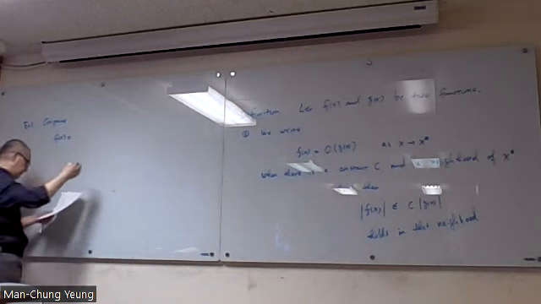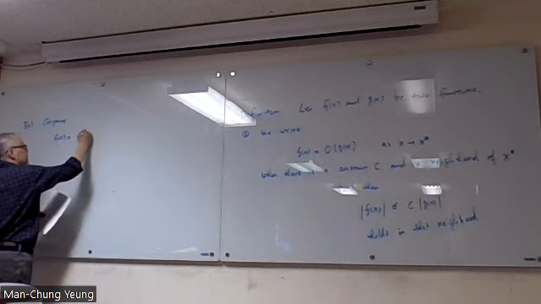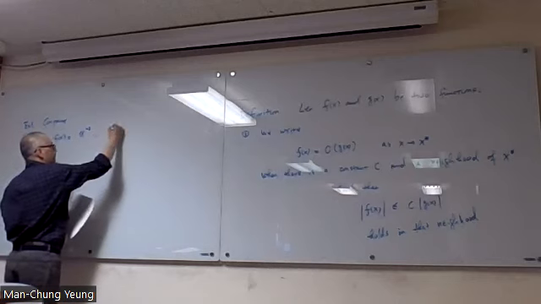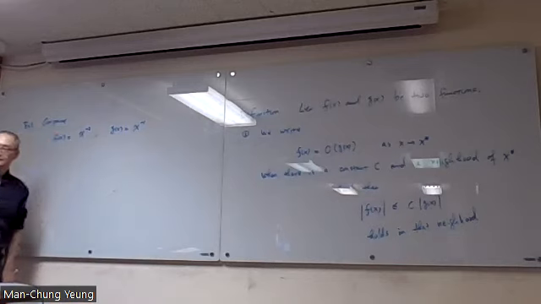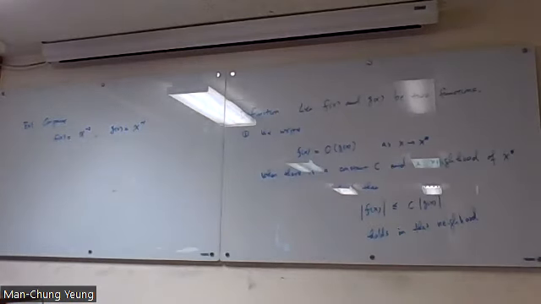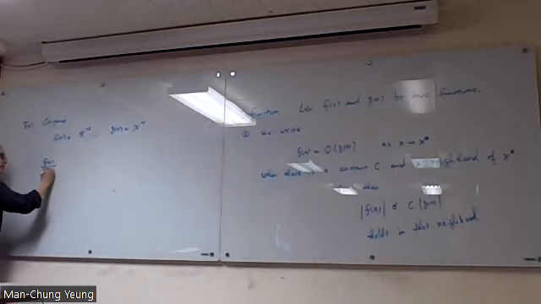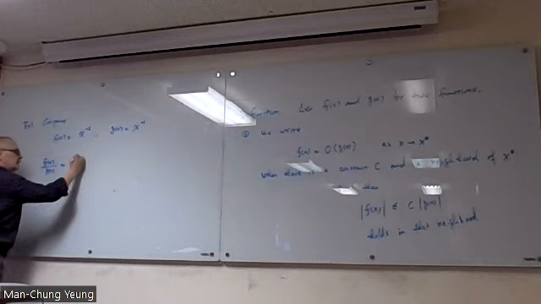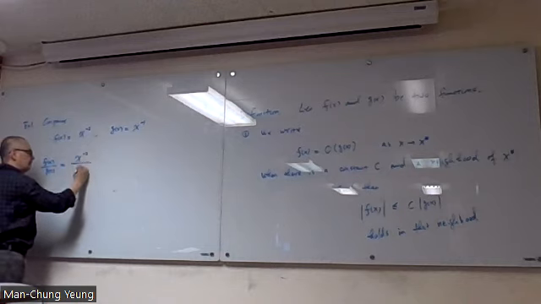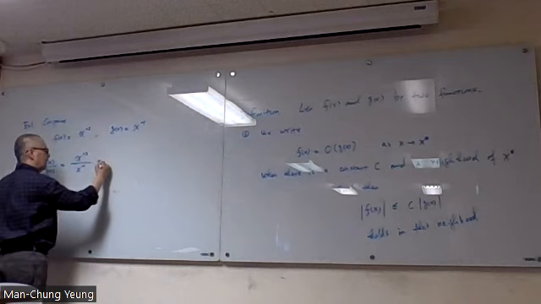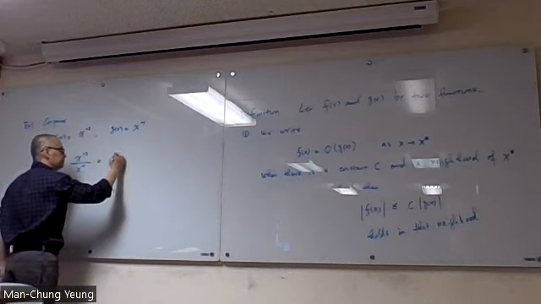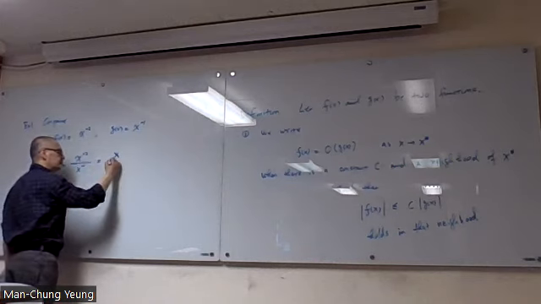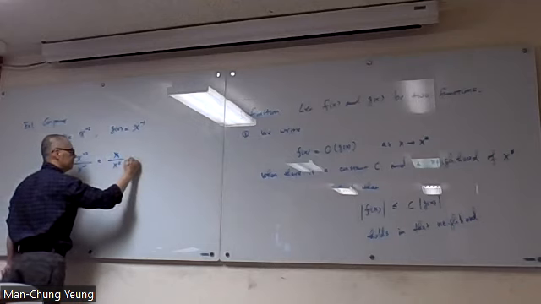Function f is x to the -2. Function g is x to the -1. Now, function f over function g is x to the -2 over x to the -1. Moving x to the -2 to the top, and x to the -1 to the bottom, we get 1 over x.